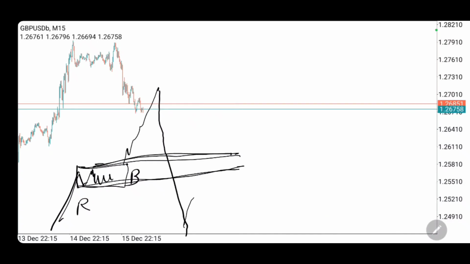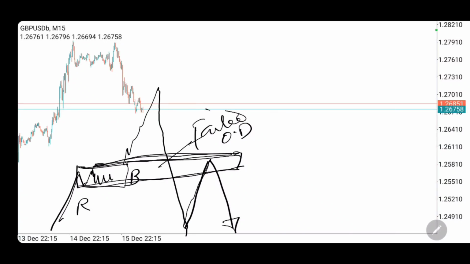Price is expected to come back to that failed zone. Don't worry, I'll be showing you in the chart. Price comes to the failed order block and sells from it. So this is a bearish breaker block. A failed order block becomes a breaker block.